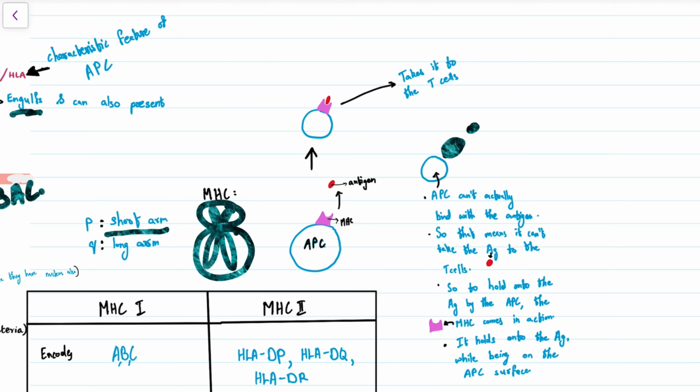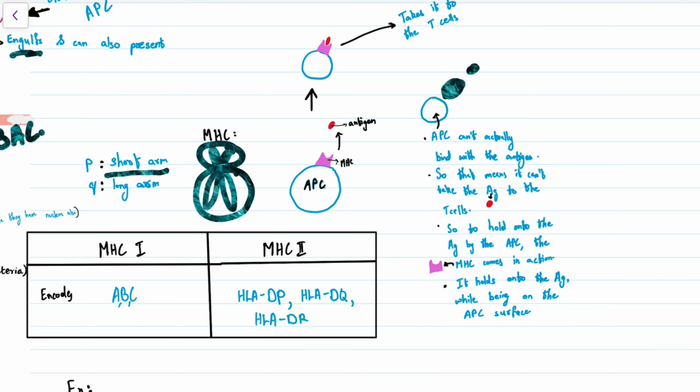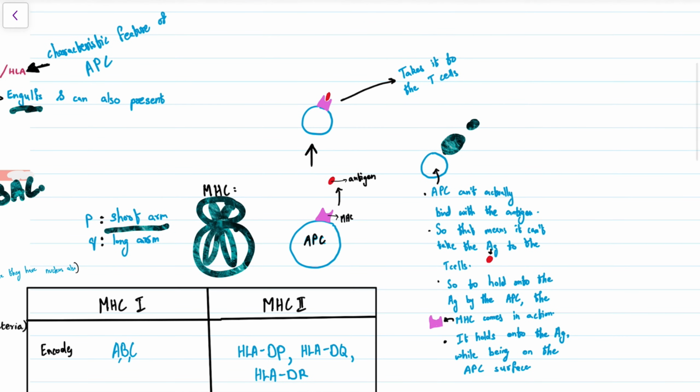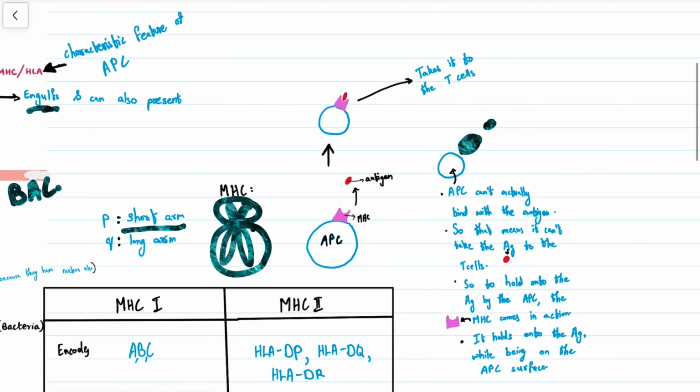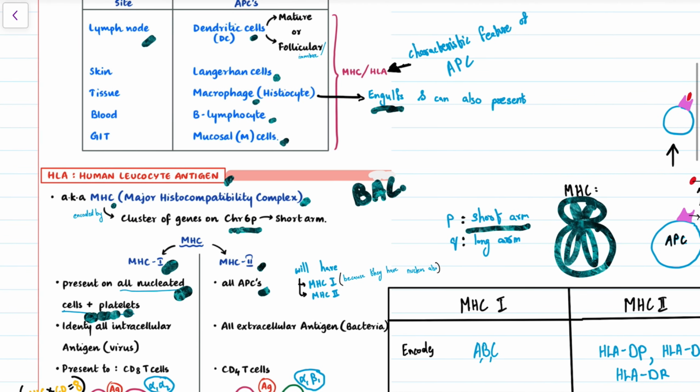If this APC is not able to even bind to an antigen, then how will it take it and bring it back to the T cell? It can't, right? So to hold on to the antigen, the MHC comes into action. This MHC helps in holding the antigen close to the APC so that the APC can take that antigen and go and give it to the T cells. Okay, that is the function of the MHC actually.